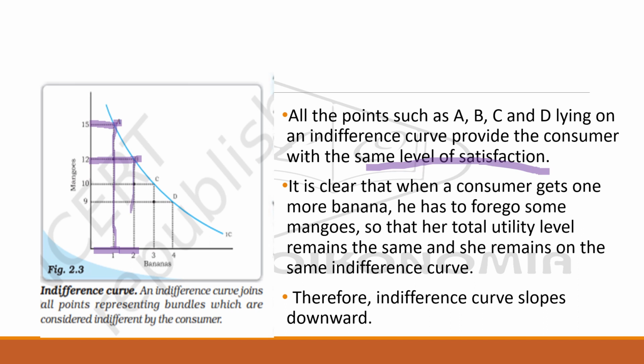So he has to forgo some mangoes, then only he can consume at least one more unit of banana. When you increase the consumption of one commodity, you will be compelled to reduce the consumption of the other commodity. This happens because your income is limited, but your wants are unlimited. So each point on the IC or indifference curve gives you the same satisfaction.